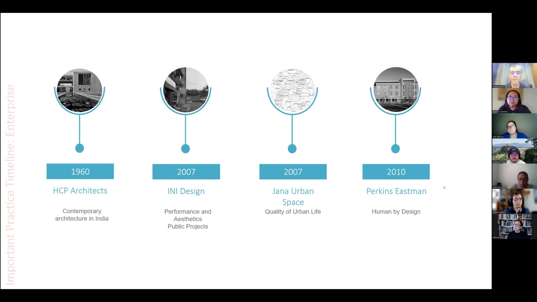Whenever foreign firms come to India, they have to take permission from the Government of India under the MCA, that is the corporate laws through which you get the permission, and then you take the permission to the Council of Architecture to set up practice. It means you have to recognize your degree as equivalent to the Indian BArch degree and set up your practice in India.